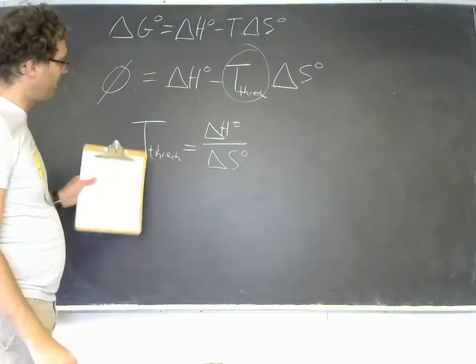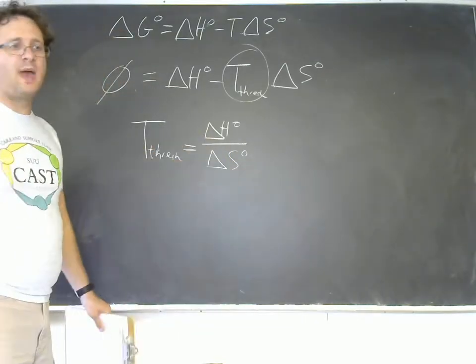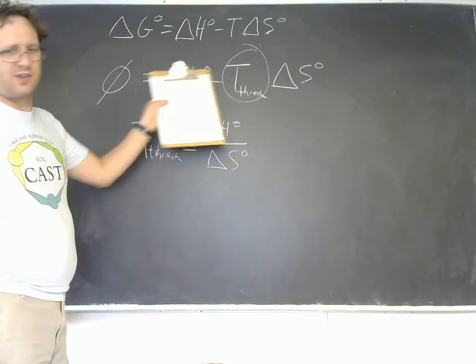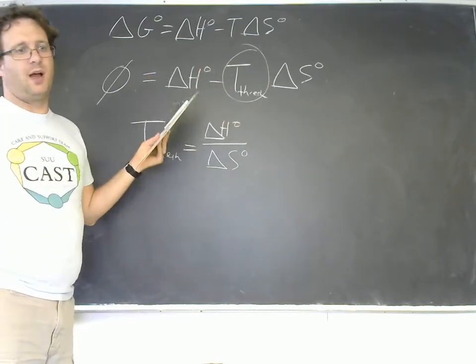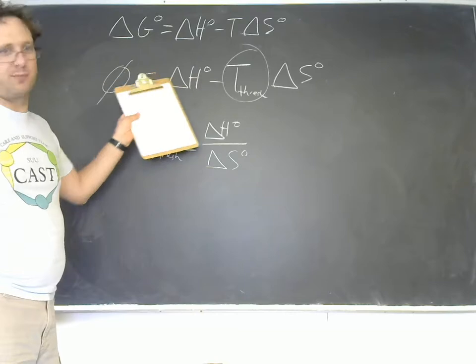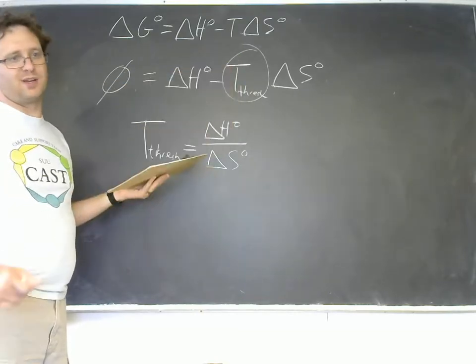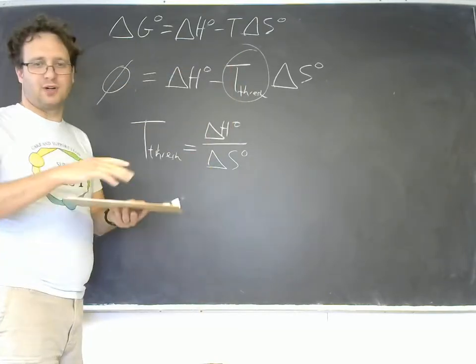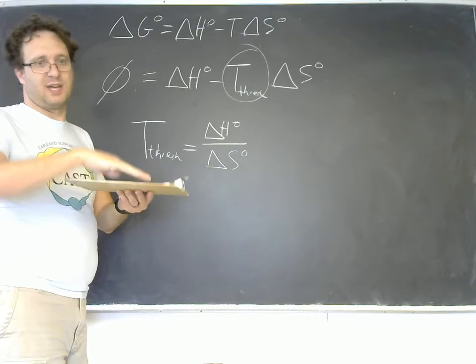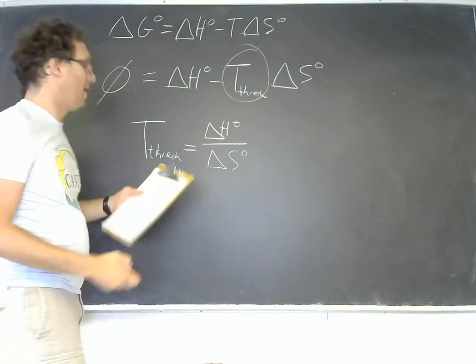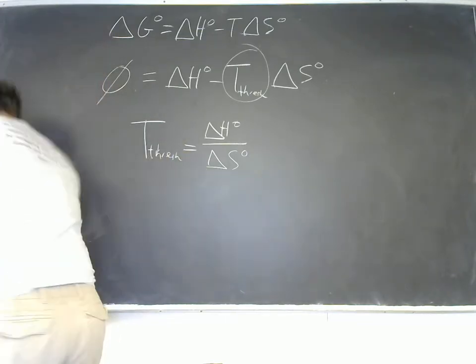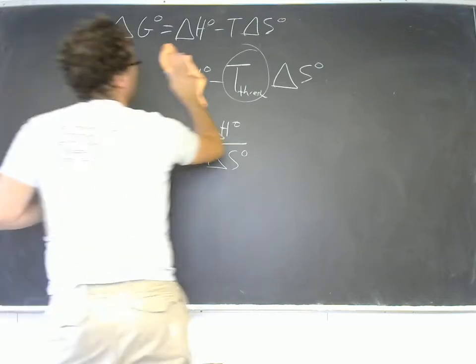So we can find the threshold temperature, and then based on whether these are both positive or both negative, we can tell whether that threshold temperature is going to be spontaneous above it or below it.